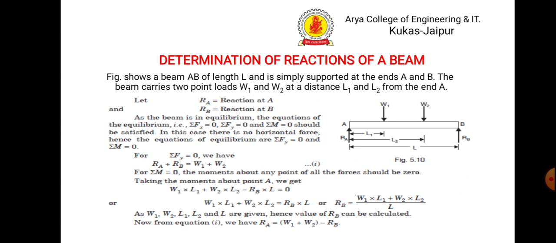Suppose in this figure, this is a beam, and at the two ends A and B there are supports. The reactions will be RA and RB, and the beam has two loads W1 and W2, at perpendicular distances of L1 and L2 from point A. Now we assume that the beam is in equilibrium, so we apply the equations of equilibrium: summation Fx equals 0, summation Fy equals 0, and summation M equals 0.